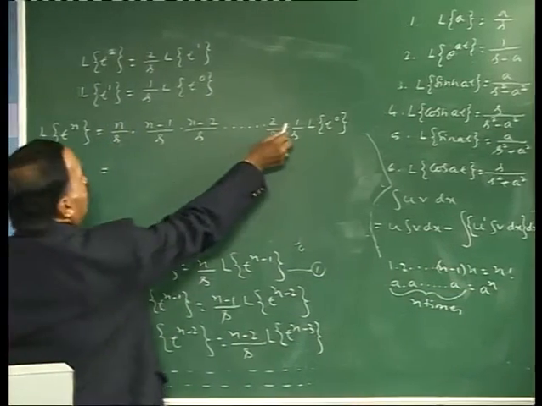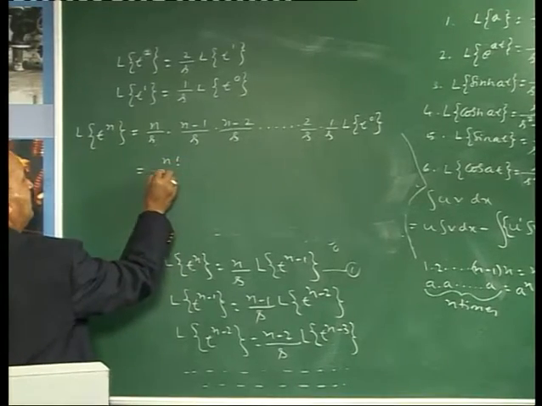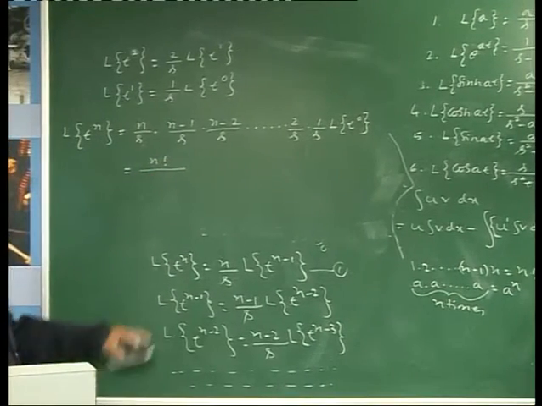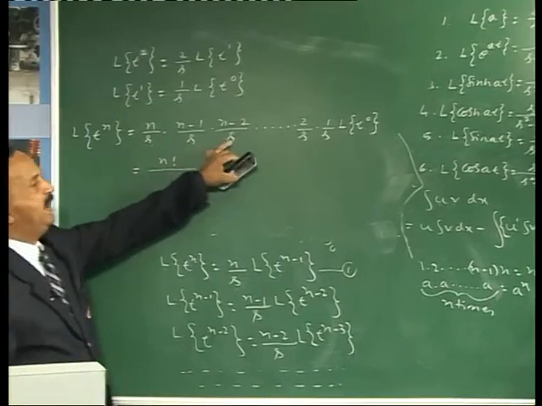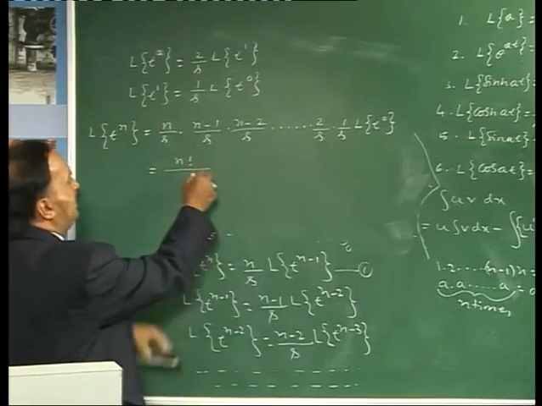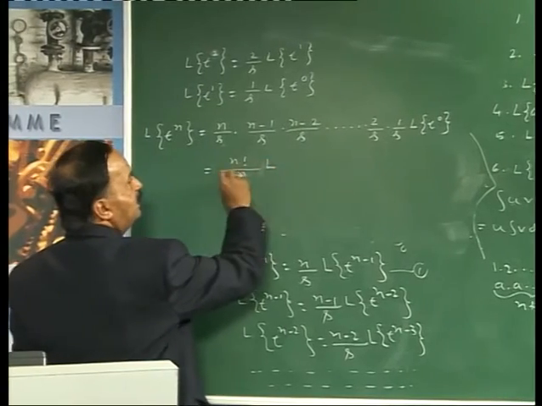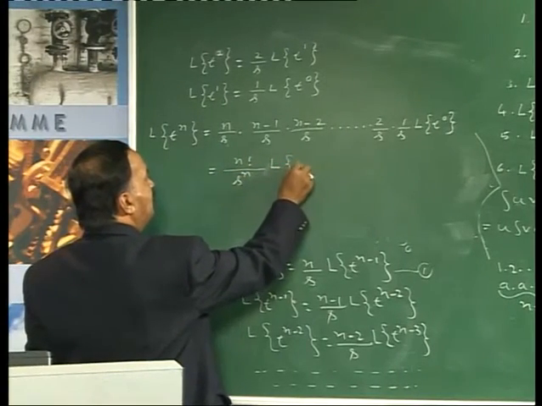Now here 1, 2, 3 etc. up to n is equal to n factorial divided by a into a etc. a, there are n times, that is equal to a to the power of n, which means s to the power of n into L of t to the power of 0, which is 1.